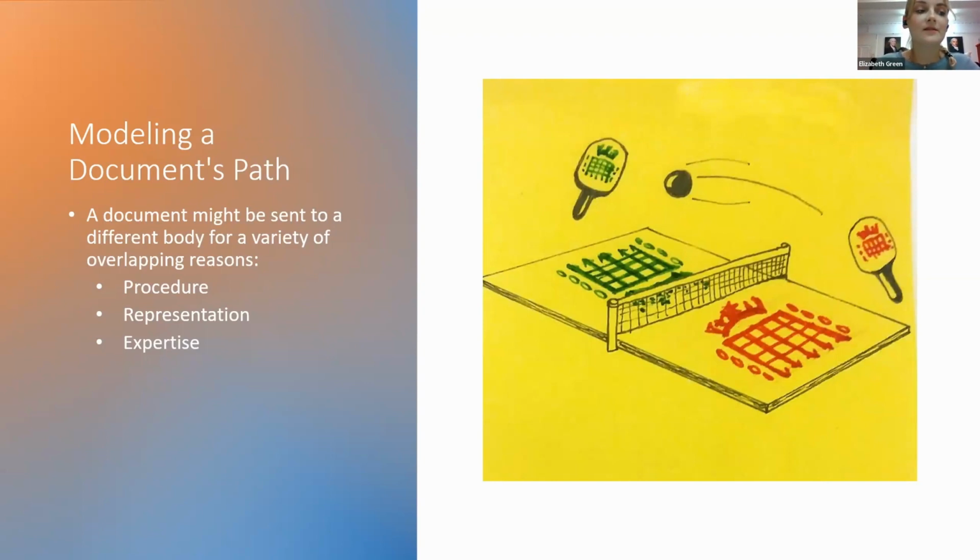It might be the reason of representation. So different bodies within the negotiation will represent different social, political, or geographical groups. So think of the Commons and the Lords, or the North Dakota and the South Dakota Commission in the Joint Commission. And by sending a document via these bodies, different groups are able to have a say in the legislative process.